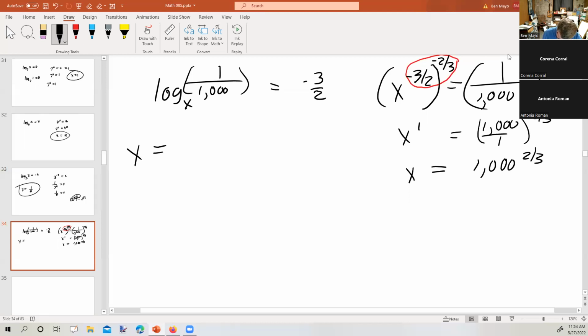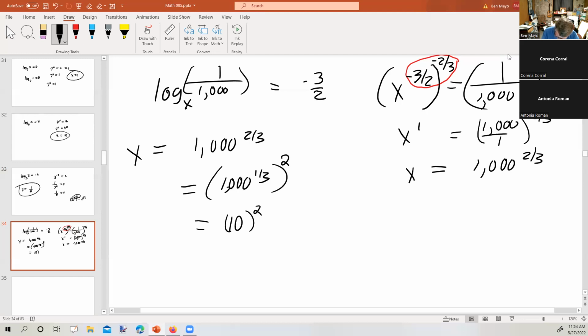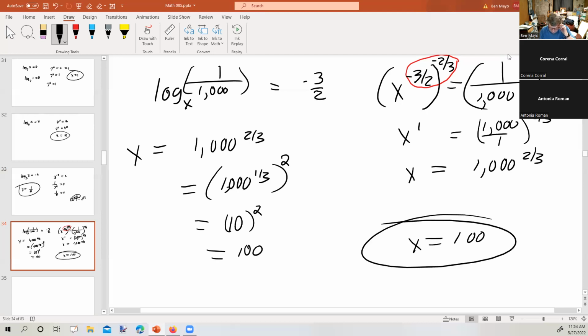But 1,000 to the 2/3 power would be equal to 1,000 to the 1/3 power squared. In other words, I could do the root and then the power, but 1,000 to the 1/3 power, the cube root of 1,000 is 10, and 10 squared is 100. So all of this, x equals 100.